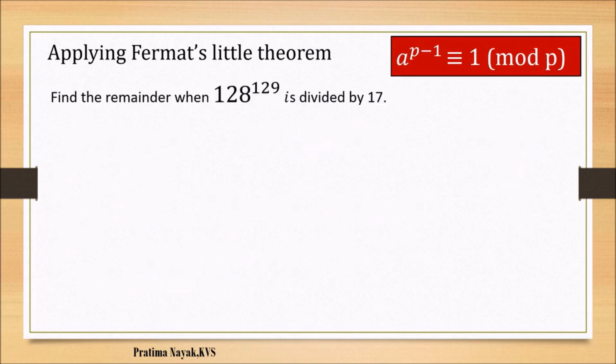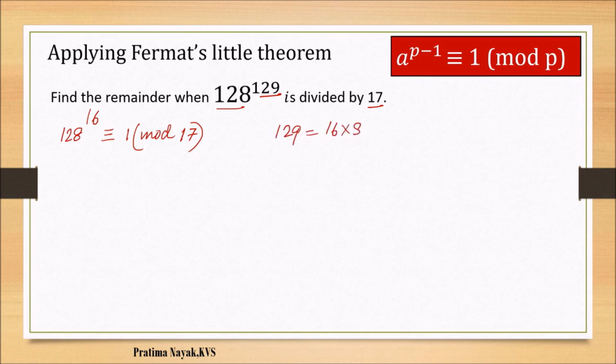Next, find the remainder when 128 raised to the power 129 is divided by 17. So 17 is a prime number, and 128 and 17 are co-prime, so we can apply this theorem. I can write 128 raised to the power 16, that is P minus 1, is congruent to 1 modulo 17. Now to write 129 in terms of 16, 129 is equal to 16 into 8 plus 1.